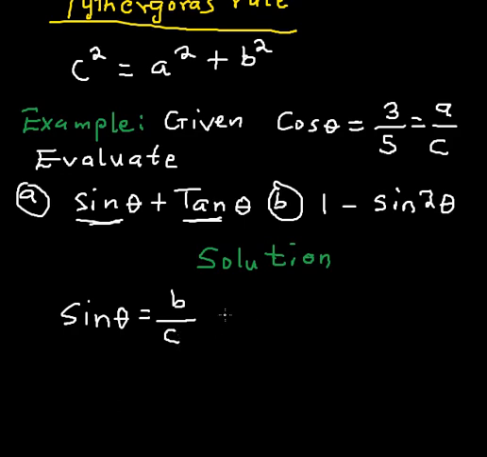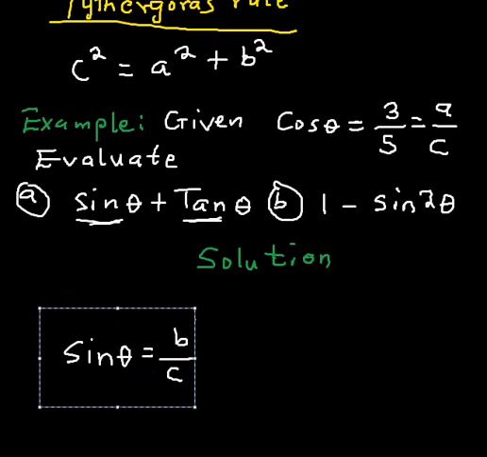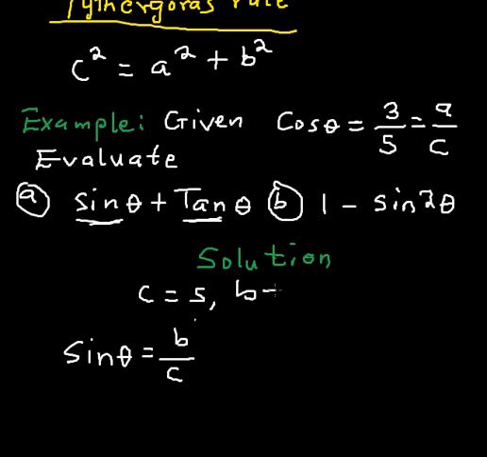Now the question is, what I have here from cos theta is only the hypotenuse, which is 5. So how do I get the opposite B before I can solve this?